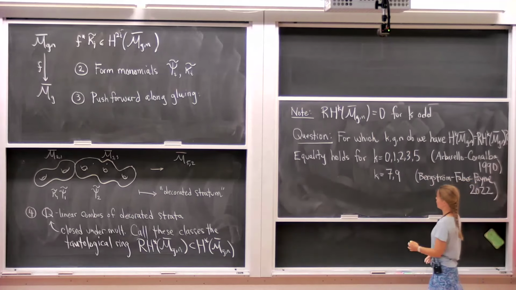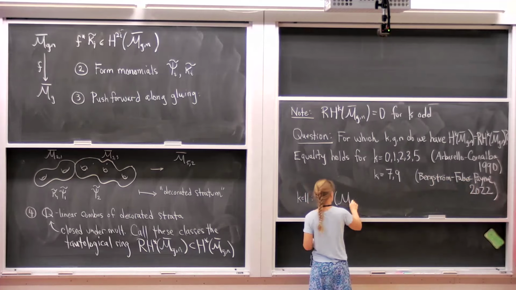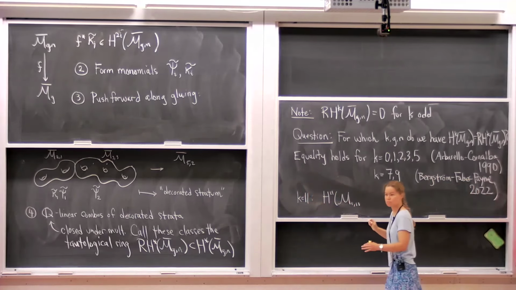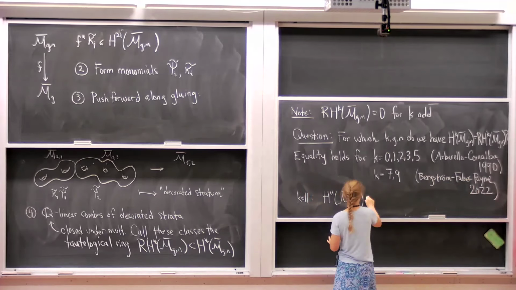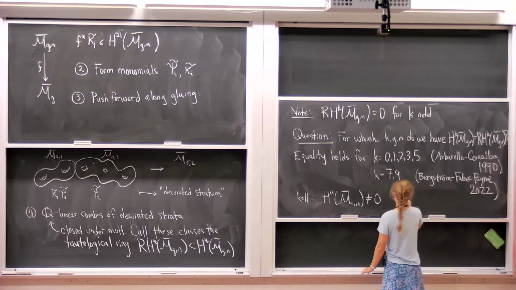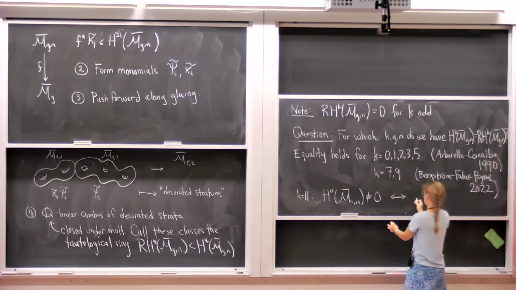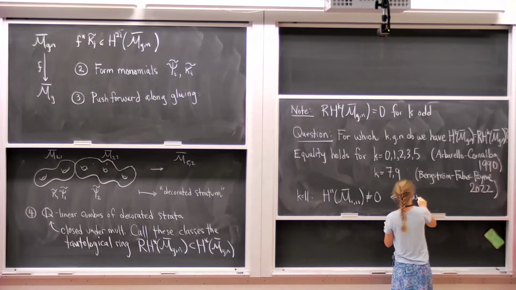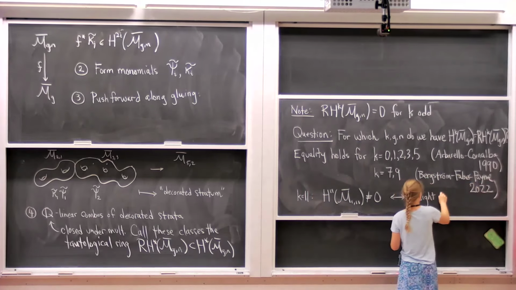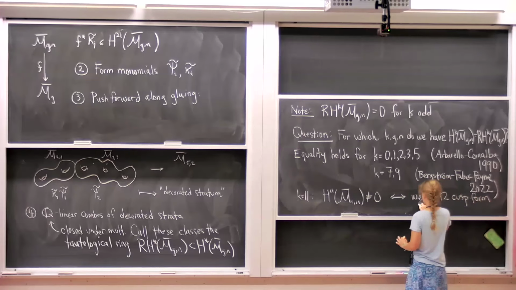But then it is known when k equals 11 that H^11 is not always 0. So H^11 of M_{1,11} bar is non-zero. And the fact that this cohomology group is non-zero corresponds to the existence of a weight 12 cusp form for SL_2(Z).